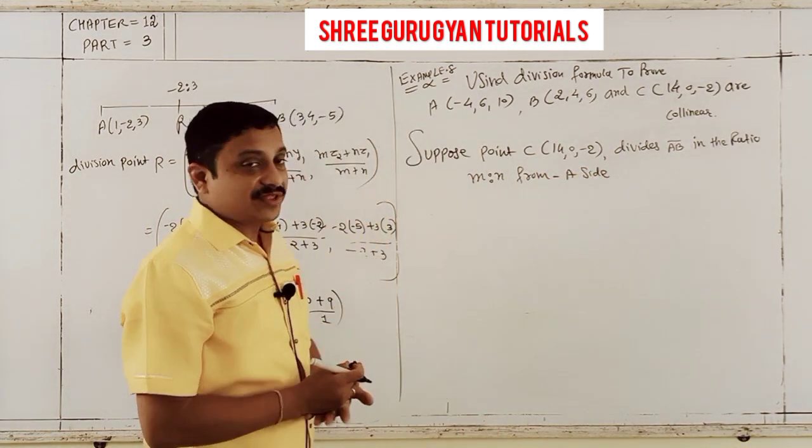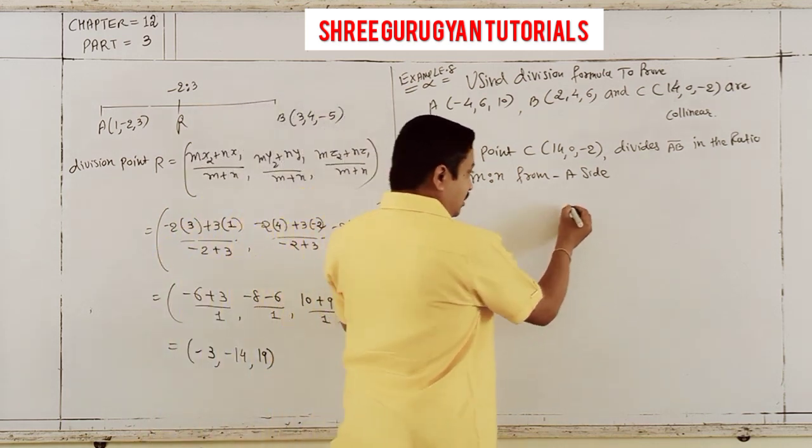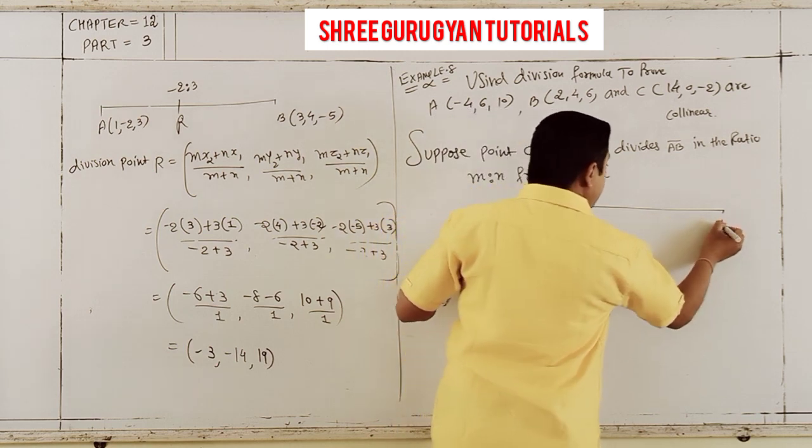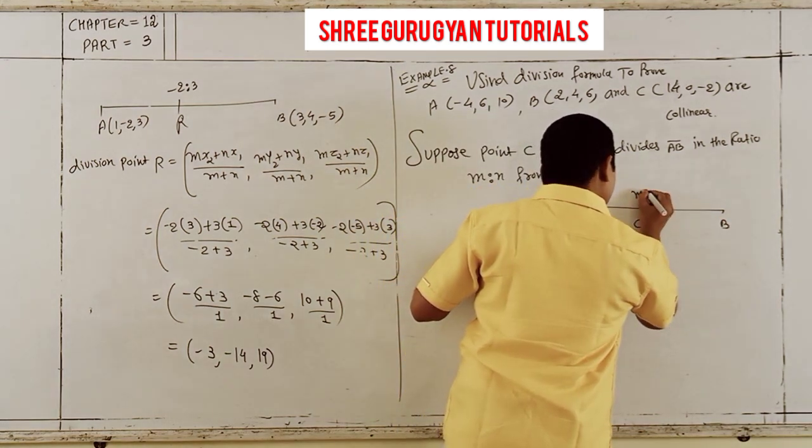Here I consider only my ratio m/n, which I derived at A to B, with C and m/n.